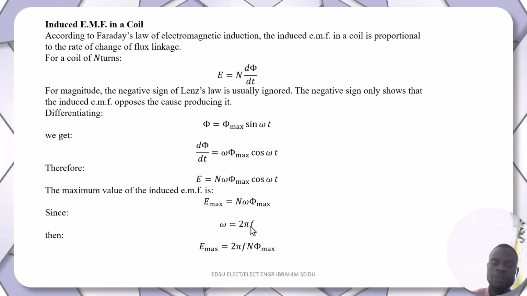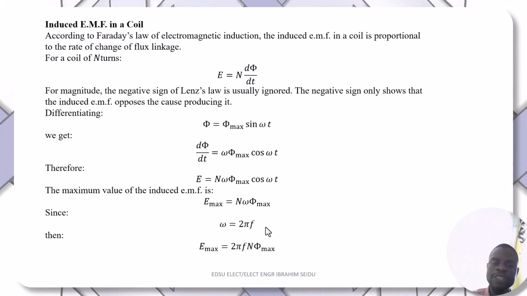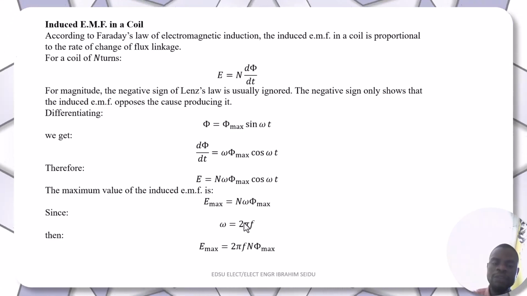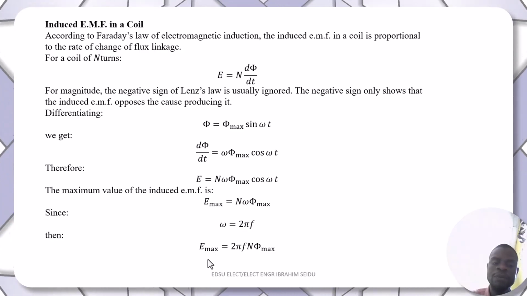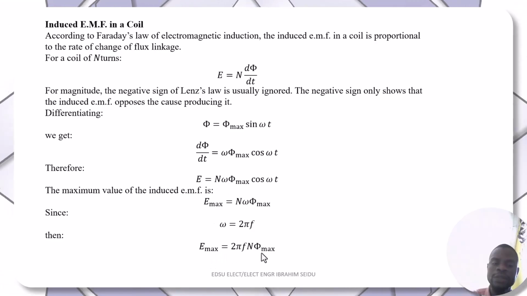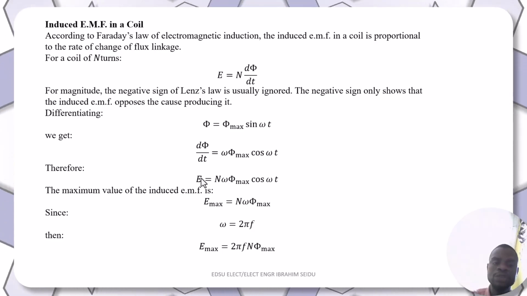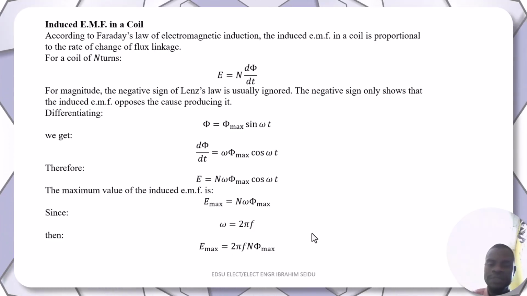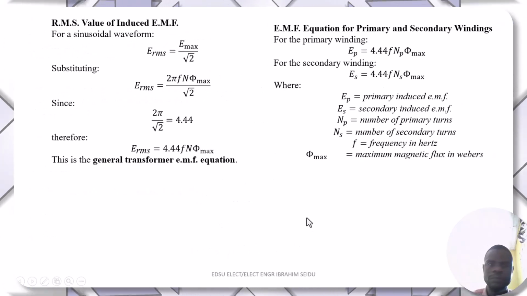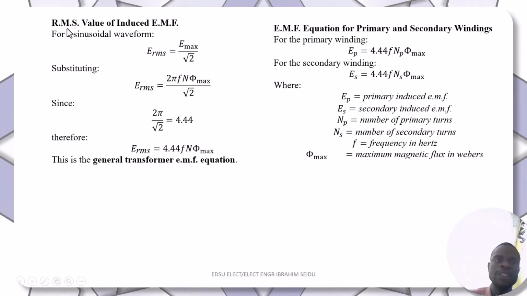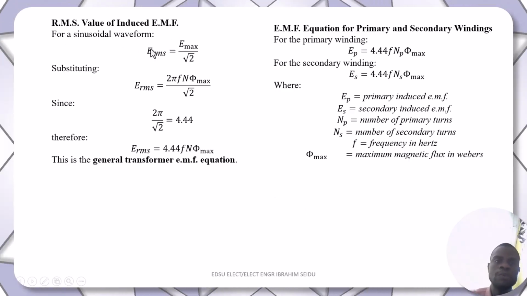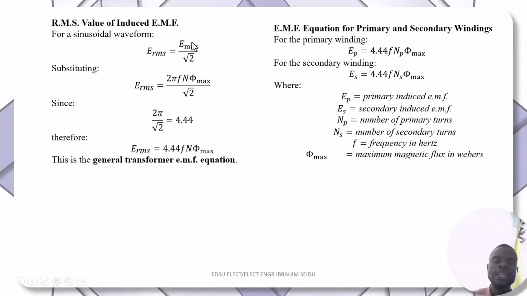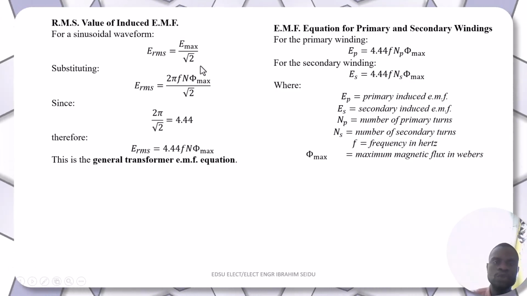Then, removing the angular velocity and replacing it with 2πf, we have our maximum induced voltage to be this. The RMS value of the induced EMF for a sinusoidal waveform is given by E maximum divided by √2.